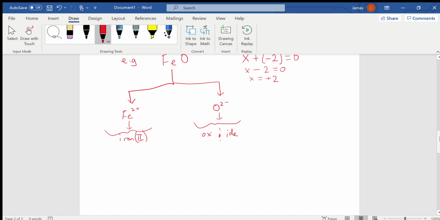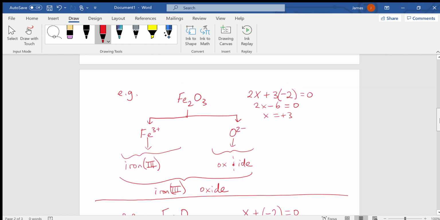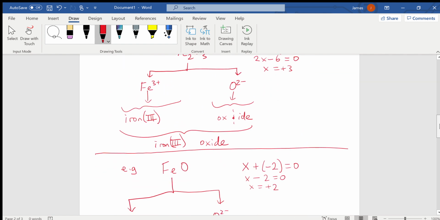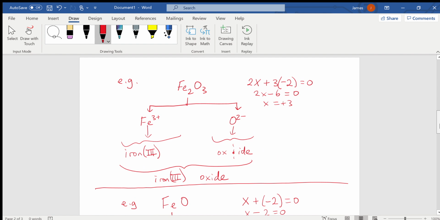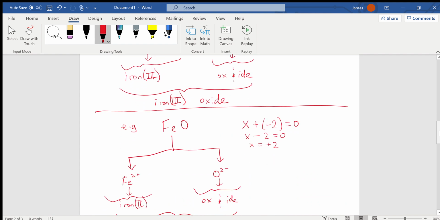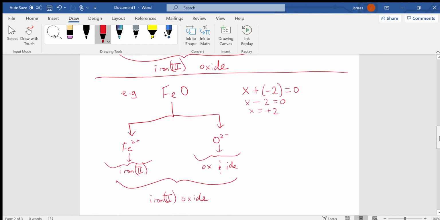So when combined together, this is iron 2 oxide. So clearly the Roman numerals are vital. You can't just say iron oxide, because then which one do you mean? Do you mean the one with a 2:3 ratio or the 1:1 ratio? So by stating which charge is present, everything is good.